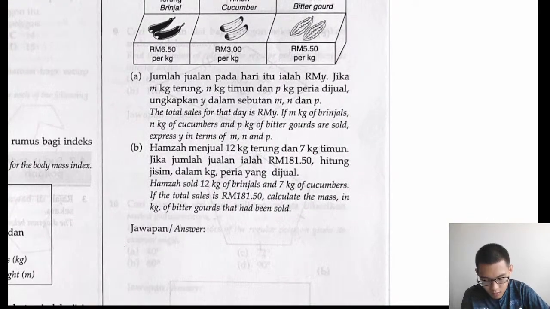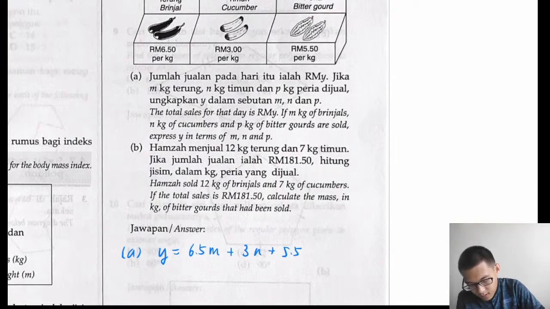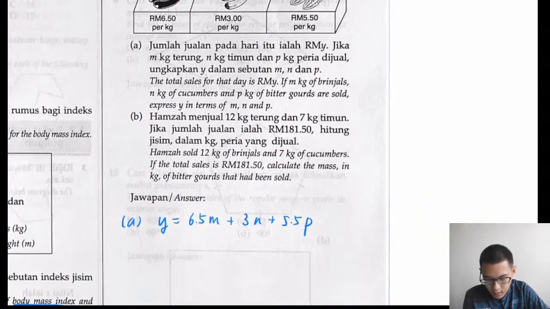So Y is equal to m kg of brinjal, 6.5 ringgit, 6.5m, and then plus n kg of cucumber, 3n, plus 5.5p.